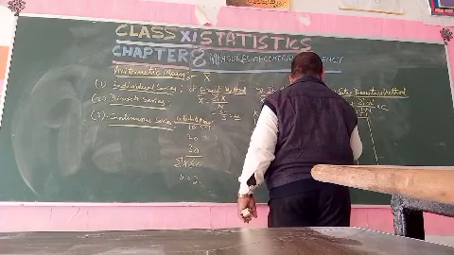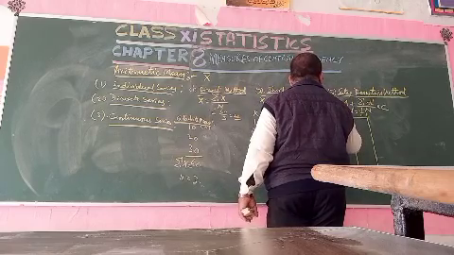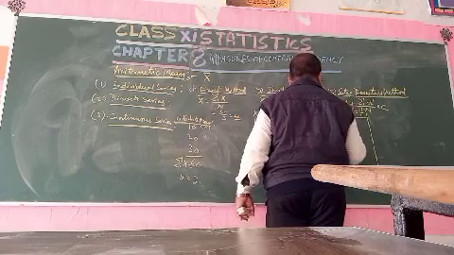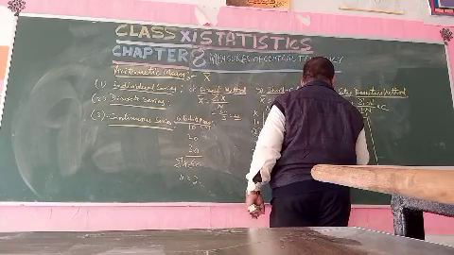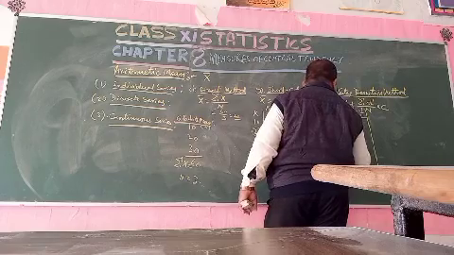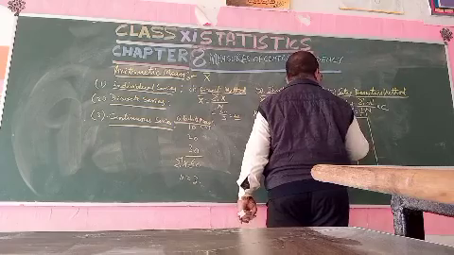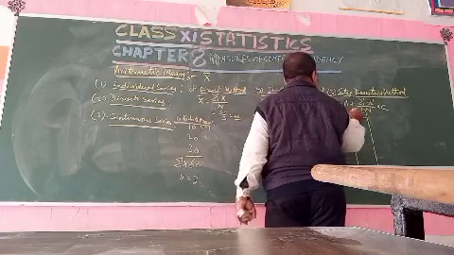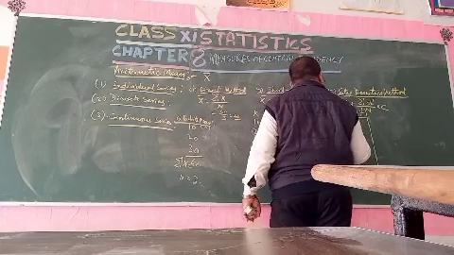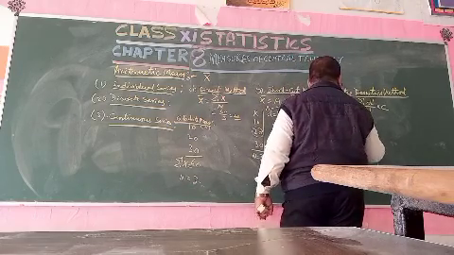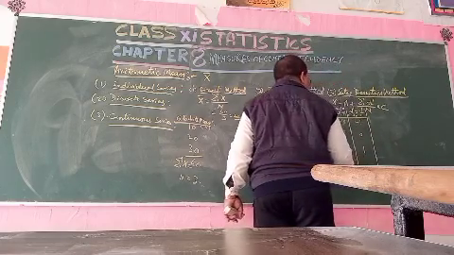We have assumed a equal to 20. Then this is minus 10, this is 0, and this is plus 10. Then d dash, the common factor, here c equal to 10. 10 divided by 10 gives minus 1, 0, and plus 1.